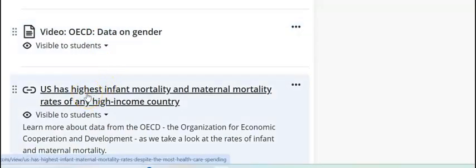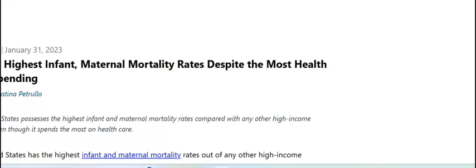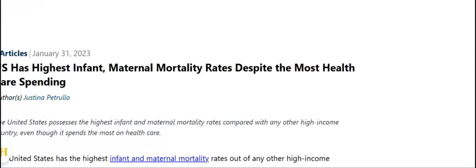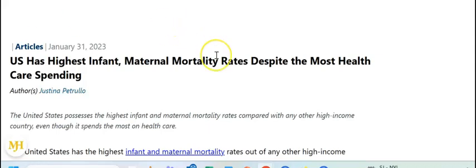Here is an article that, again, is going to offer you a lot of strong help in answering your discussion board. So here we find that the U.S. has the highest infant and maternal mortality rates despite the most healthcare spending.